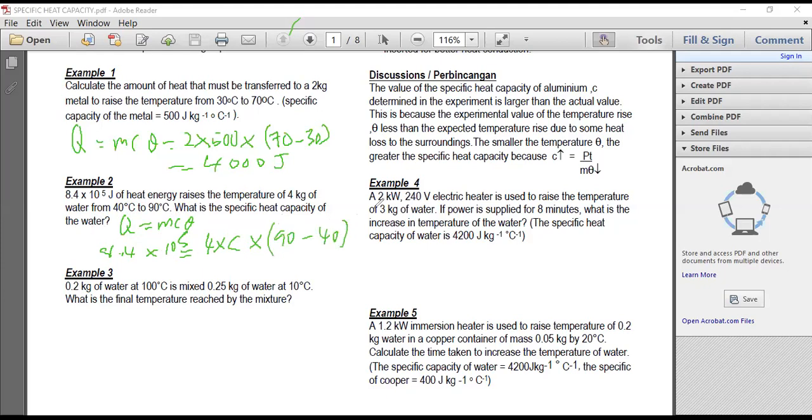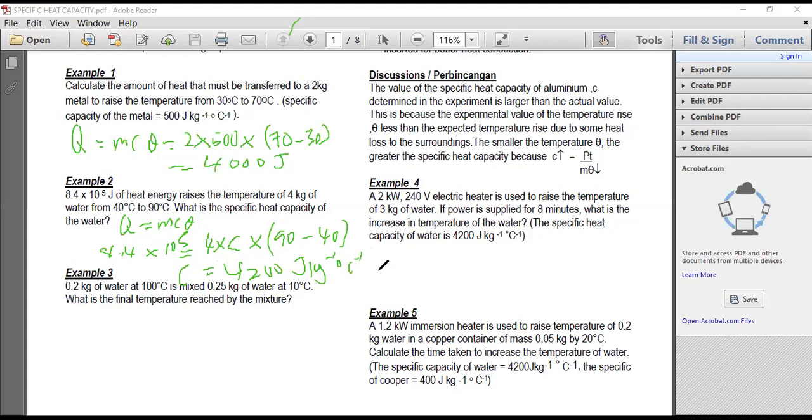So 8.4 times 10 to the power of 5 divided by 4 times 50. Okay, so it's 4,200 joule per kilogram per degree Celsius.